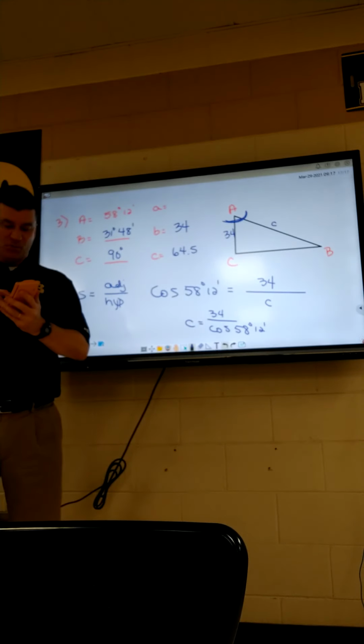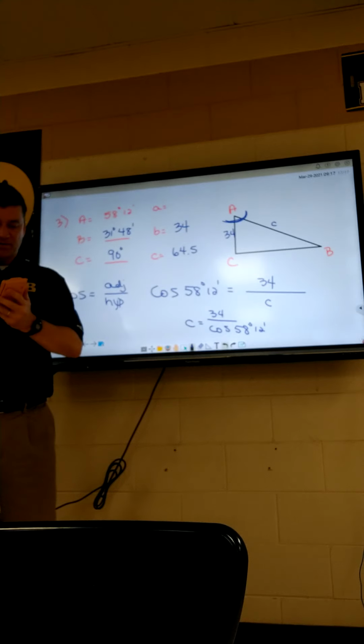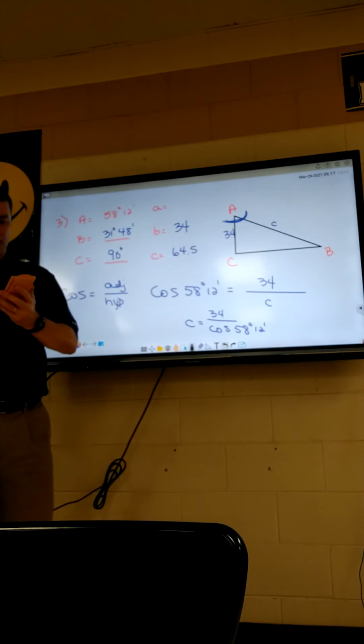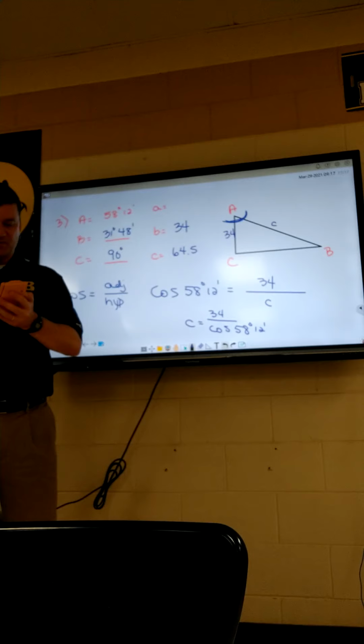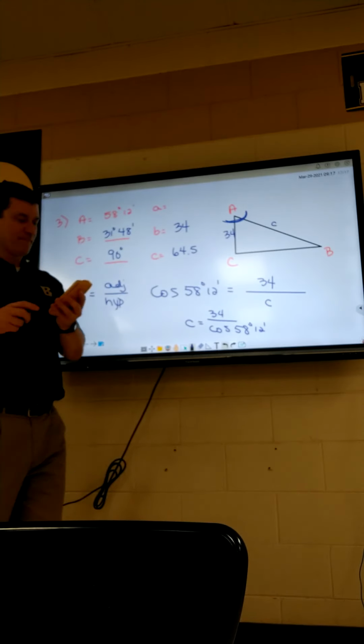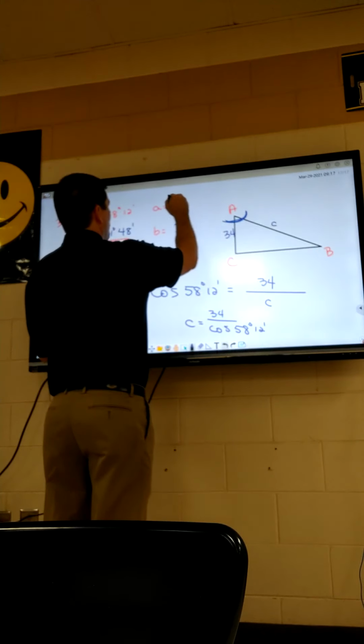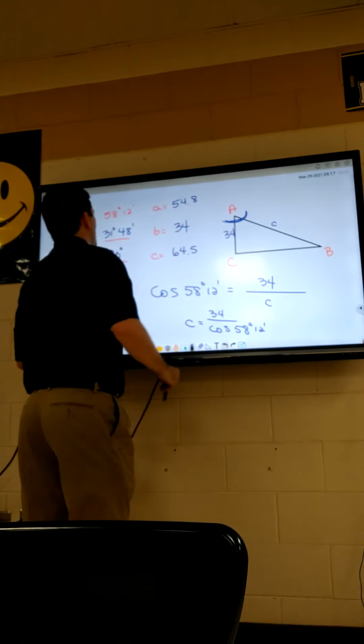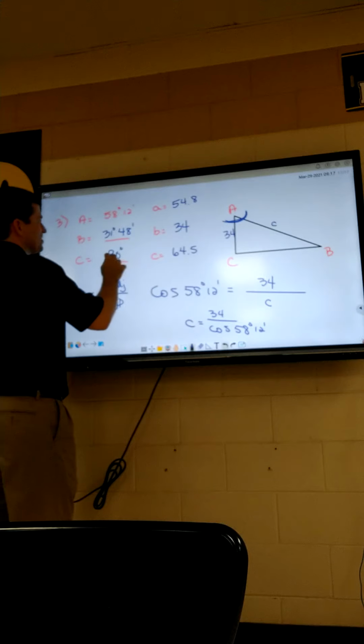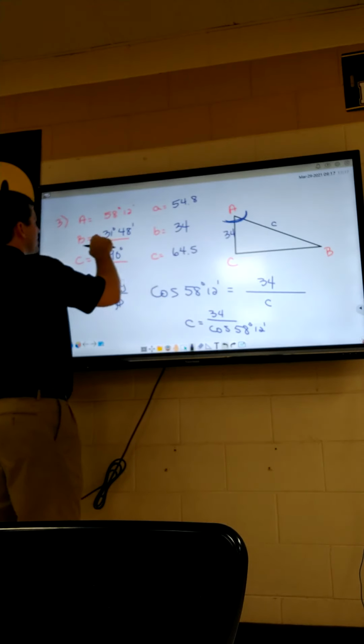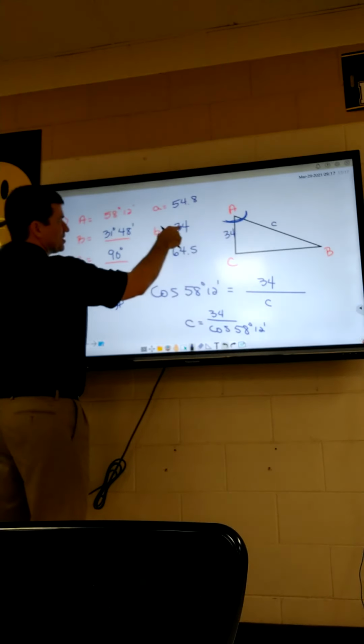Let's do it. 64.5 squared minus 34 squared. Wow, I got a big number. Find the square root. What'd y'all get? 54.8. Now, check them. Biggest angle is C. That's the biggest side. Smallest angle is B. That should be the smallest side.